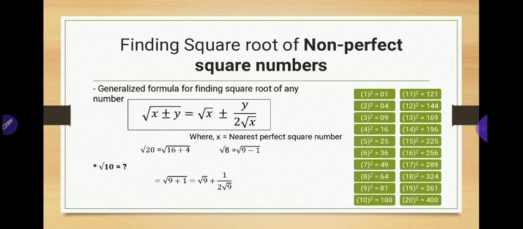Put it in the formula, square root of x plus or minus y upon 2 root x, that is, square root of 9 plus 1 upon 2 root 9. Square root of 9 is 3, plus 1 upon 2 into 3, which is 6, equal to 3 plus 0.16, because 1 upon 6 is nothing but 0.16. So the answer you got is 3.16.